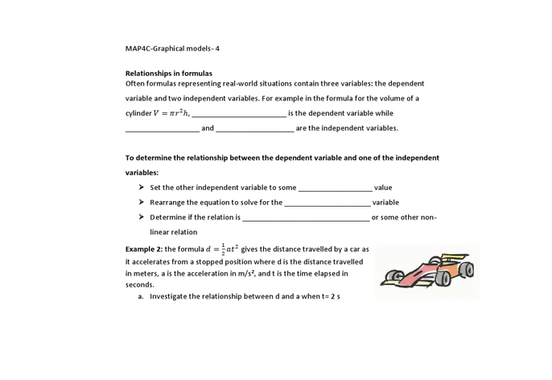For example, in the formula of the volume of a cylinder, you have the volume equals pi r squared times h. What would be your dependent variable? H? No, R? There's one more. V. V depends on both r and h. So V is your dependent variable, while your 2 independent variables are r and h.